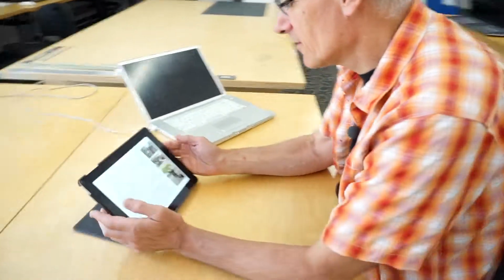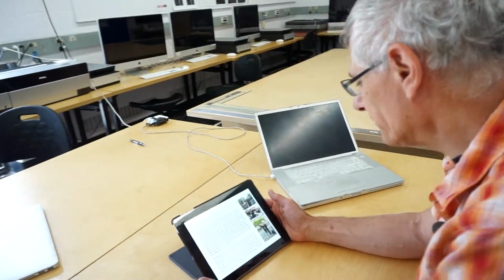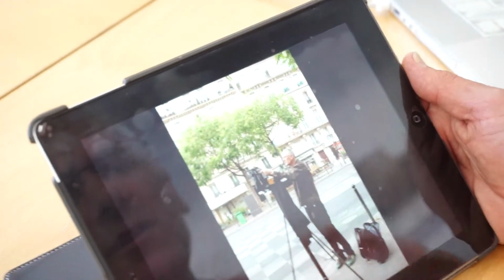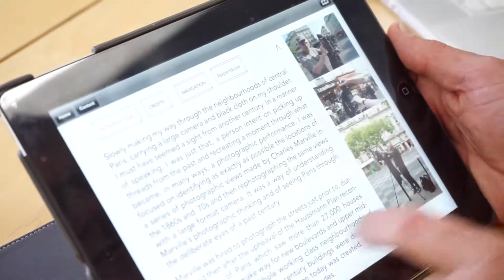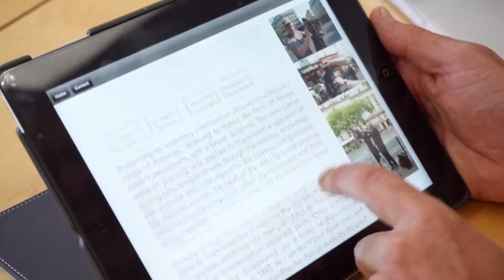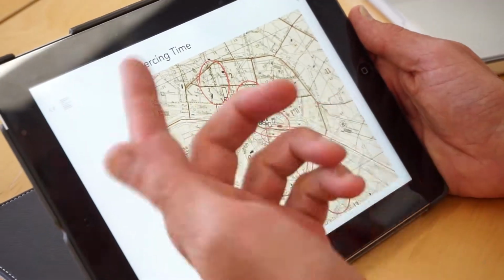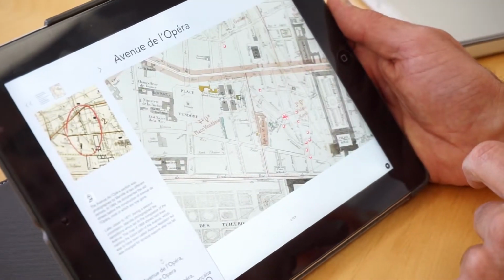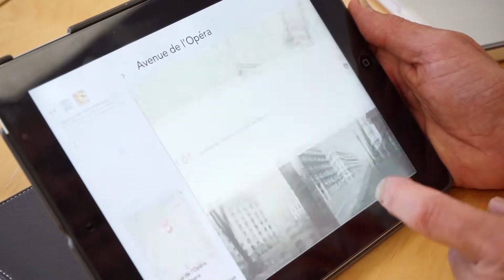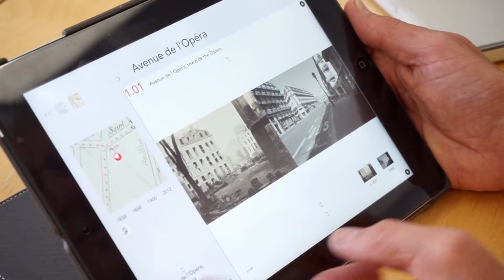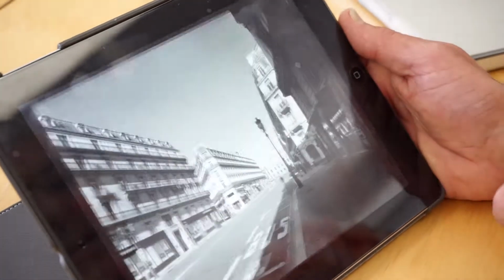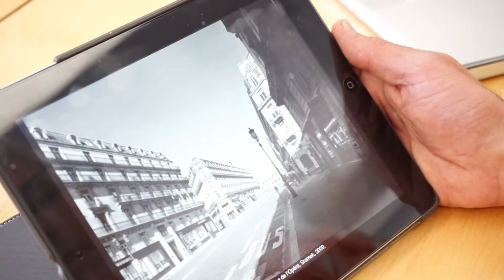This is the app that we're working on, and you can see here there's me photographing in Paris, which is very exciting, and then text and so on, and then the various maps that we're working on, the historical maps, and being able to look at the historical photographs of the city and my photographs of the same places.